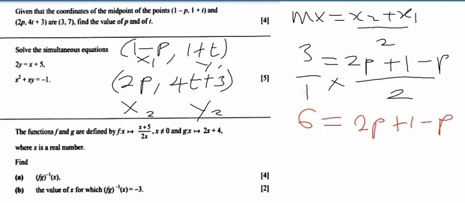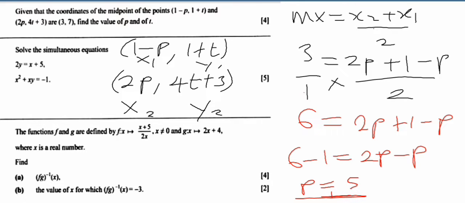So positive 1 is going to cross the equal sign, and it is going to change to negative 1. So we have 6 minus 1 being equal to 2p minus p. So 2p minus p, we are going to get p. Then 6 minus 1, we are going to get 5. So the value for p is just going to be 5.